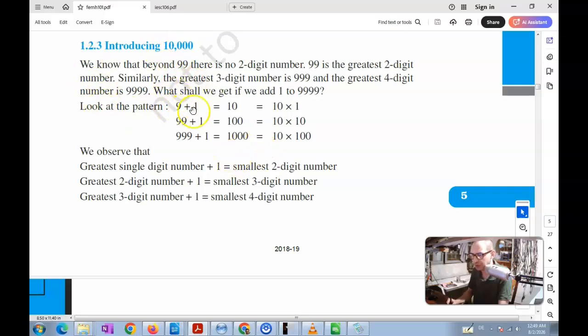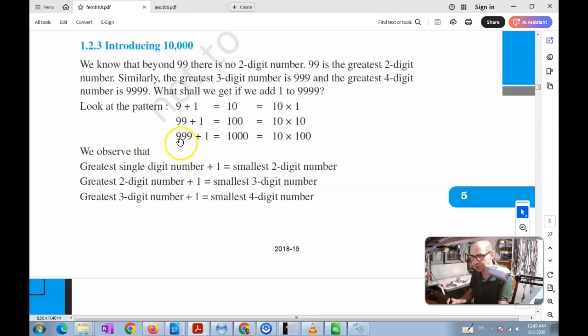Now the pattern over here is that if you have the greatest 1-digit number, which is 9, if you add 1 to it, you'll get 10. If you take the greatest 2-digit number, which is 99, add 1 to it, that's 100, which is the smallest 3-digit number.